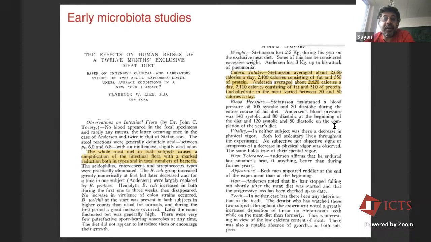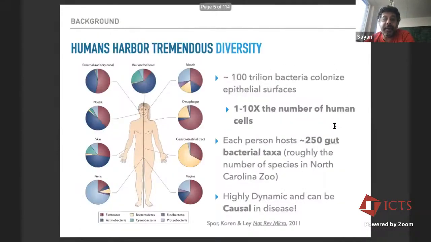This slide just says that people have been thinking about the microbiome for a while. It's just that the scale has been different, right? And now we can measure so many of these bacteria, and you can look at it in different parts of the body.